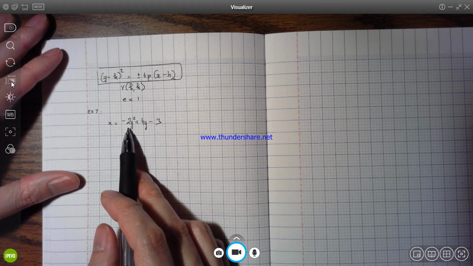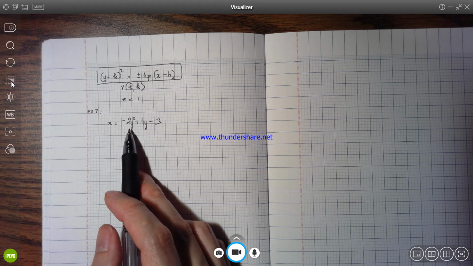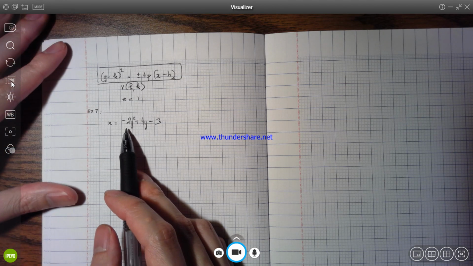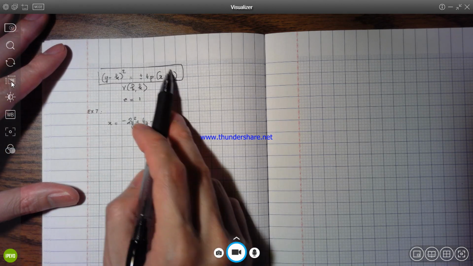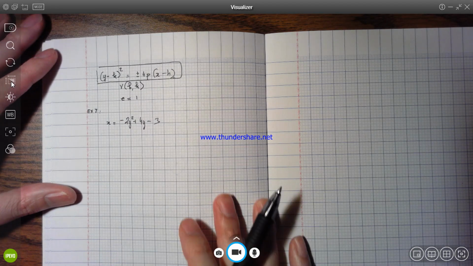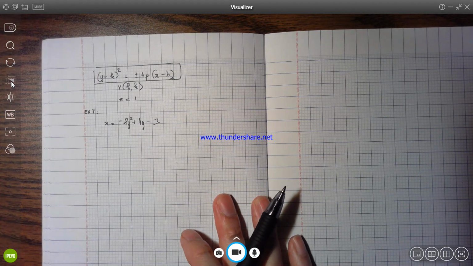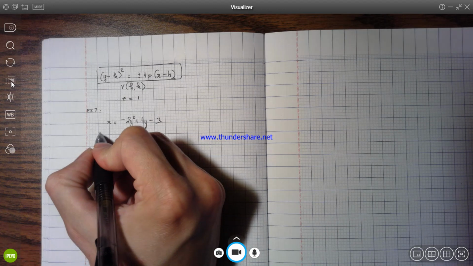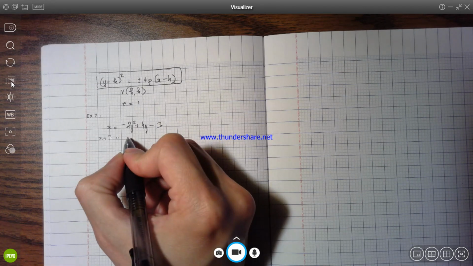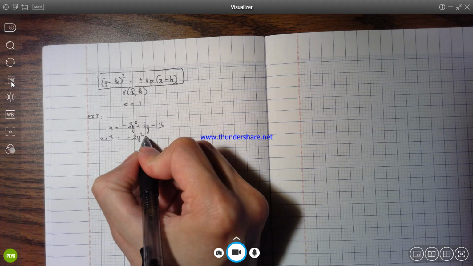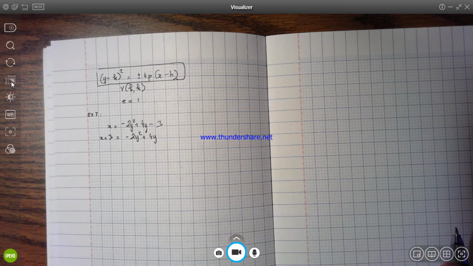The vertex could be somewhere else, so we have to do completing the square in order to bring it back to this form. So how are we gonna do that? I'm gonna add 3 to both sides, so I'm gonna have this. I try to complete the square right here.